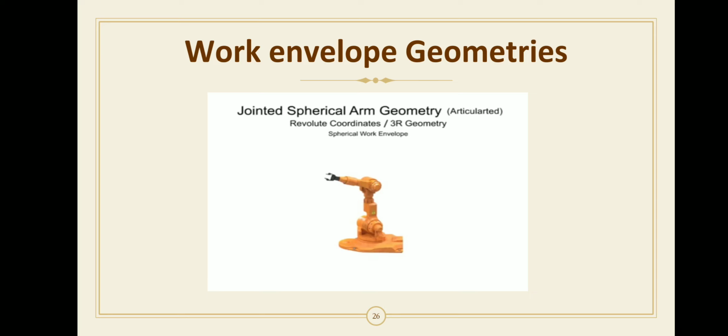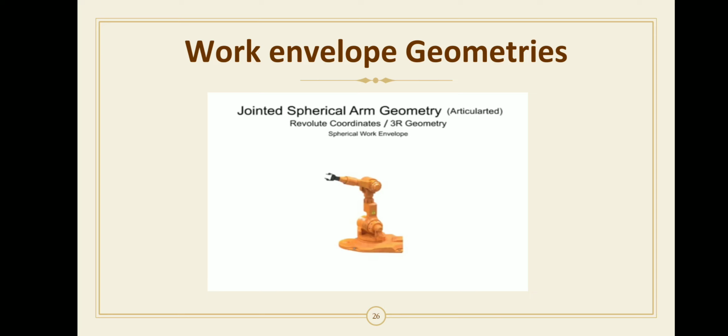The first revolute joint rotates the arm back and forth about the vertical axis. The second revolute joint swings the forearm back and forth about the vertical axis, and the third joint is a prismatic joint that slides the wrist up and down.